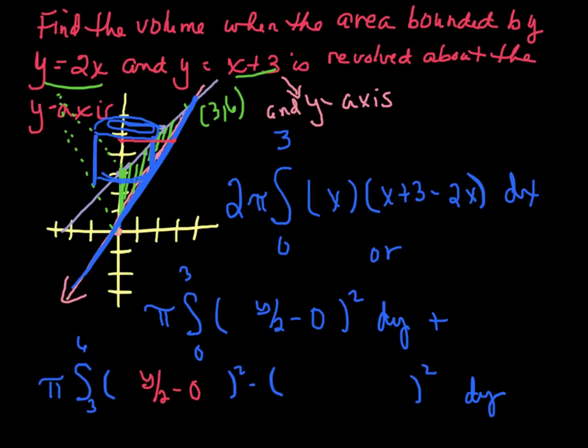And then the little radius is going to go from axis of revolution to the inside curve, which would be right minus left, y equals x plus 3. To solve that for x equals, we get y minus 3 minus, right would be the line, and left would be my axis, which would be 0. So it would take both of these integrals to do the same thing as that one integral.